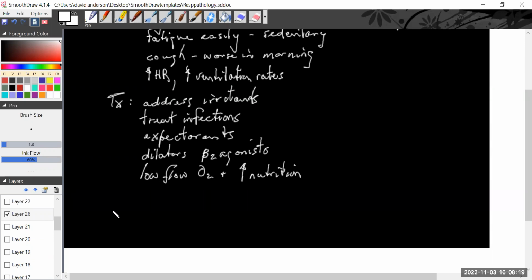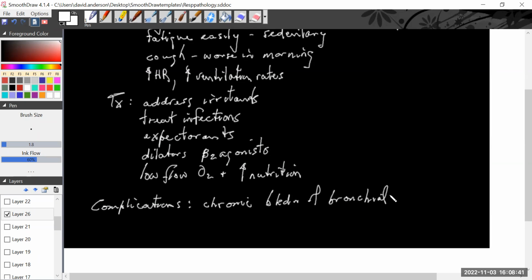A complication that can develop, and we'll finish on this point. What can happen is that chronic breakdown of the bronchial wall leads to dilation, pockets of dilation.